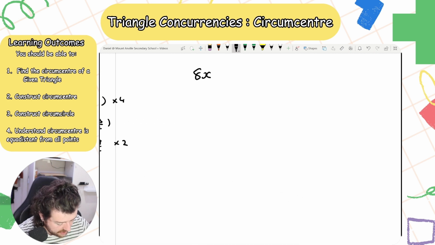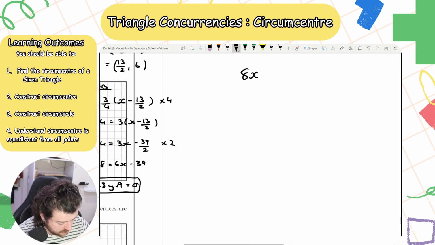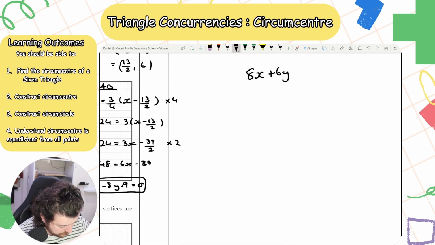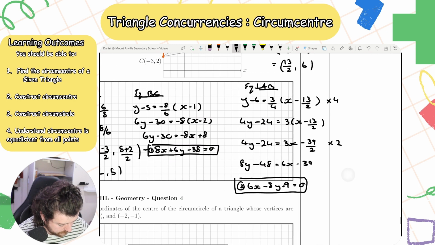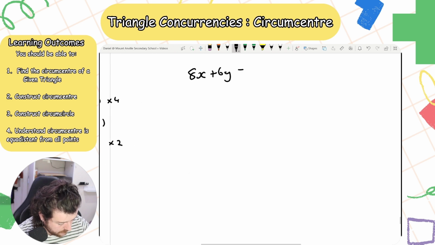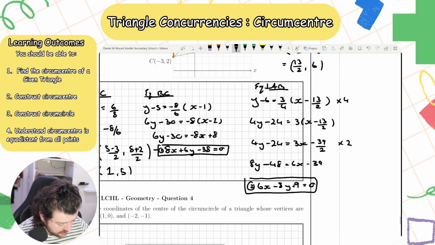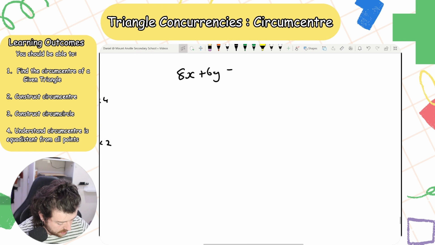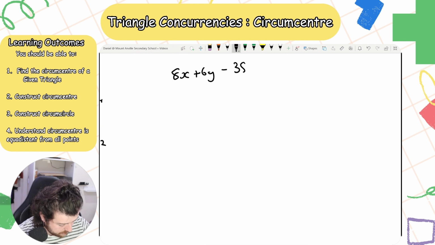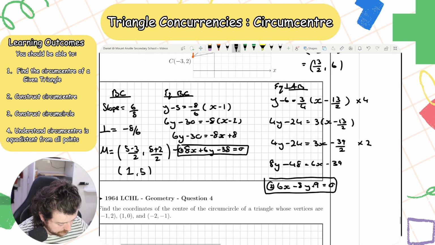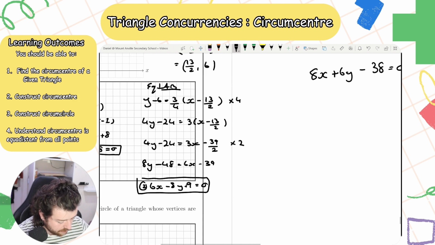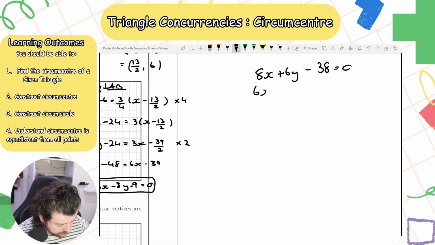So 8x plus 6y minus 38 equals 0, and 6x minus 8y plus 9 equals 0.